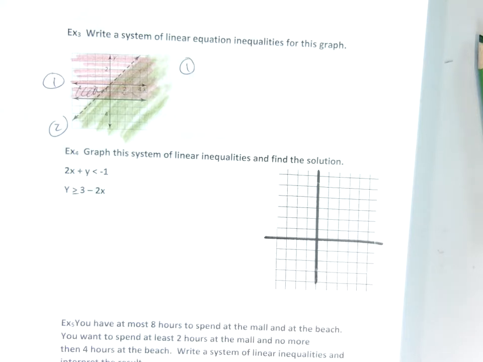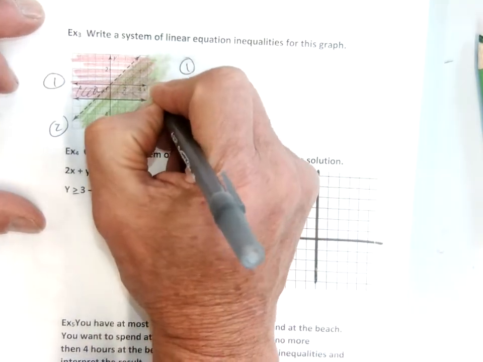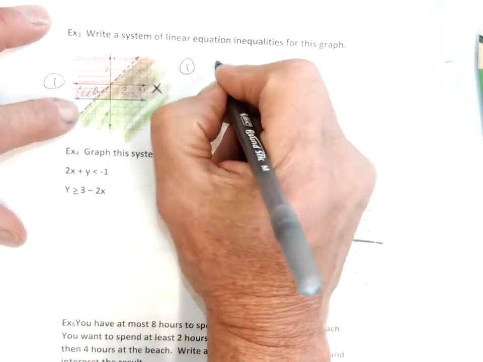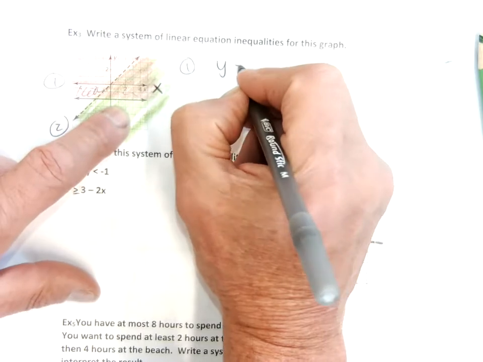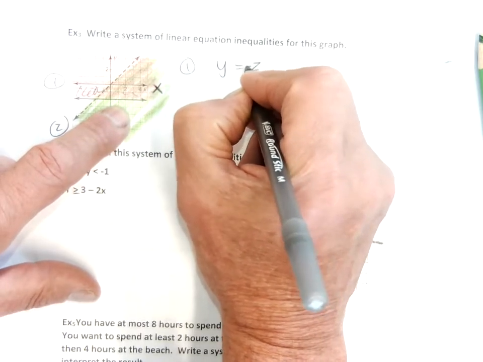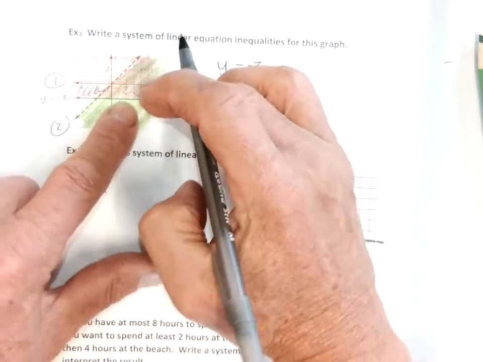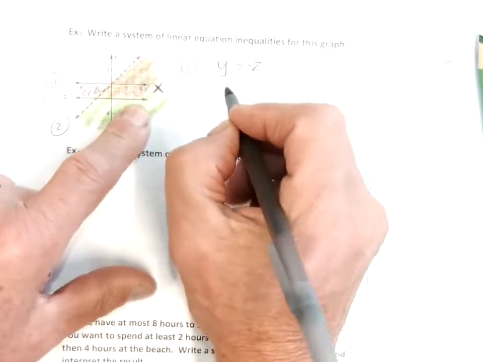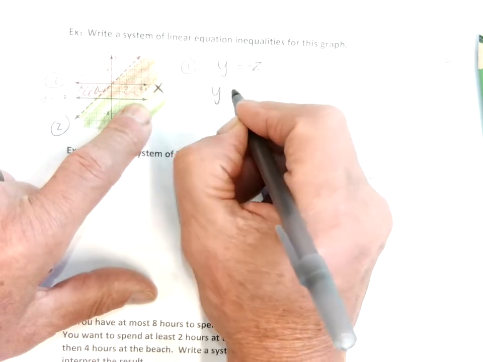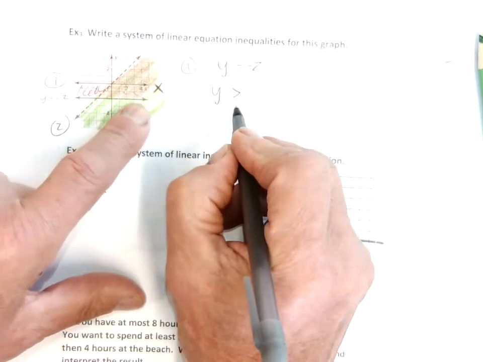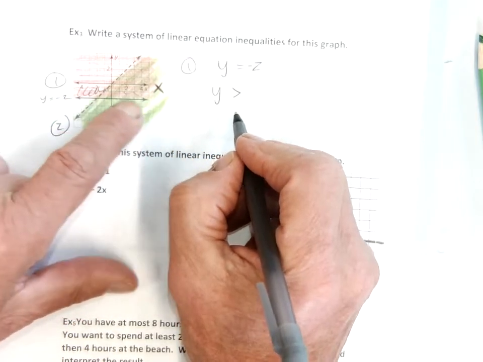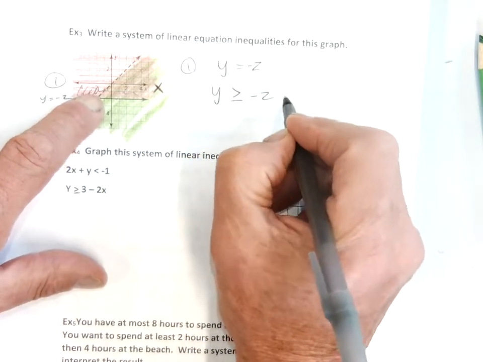Yes, here's my x-axis. Boy, I'm really confused now. This is correct. So I'm going to say y is equal to negative 2, because that's that line right there. But I shade everything above it, so I'm going to rewrite this as y is greater than, do I have an equal sign on this one? Equal to negative 2. Okay, good.